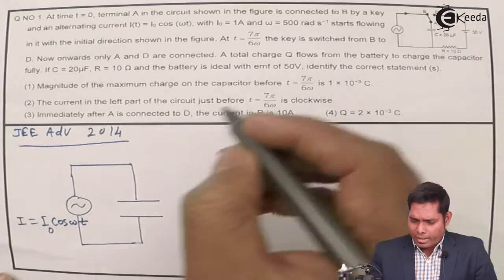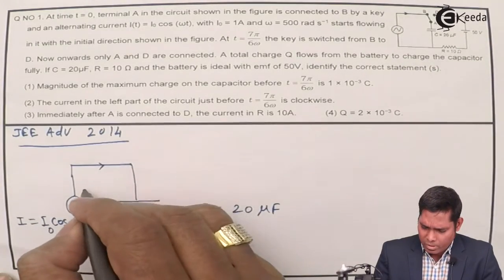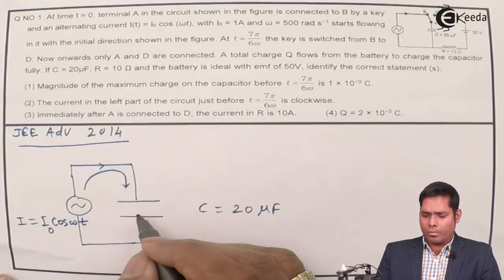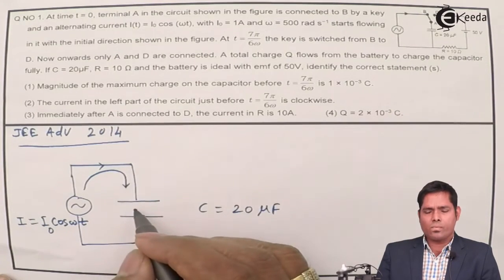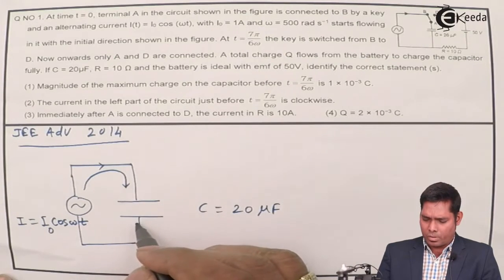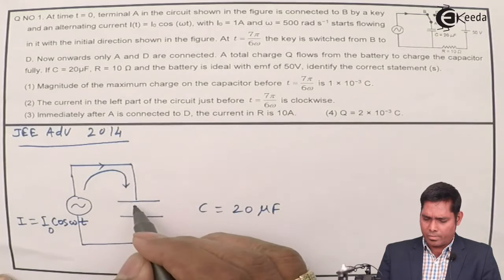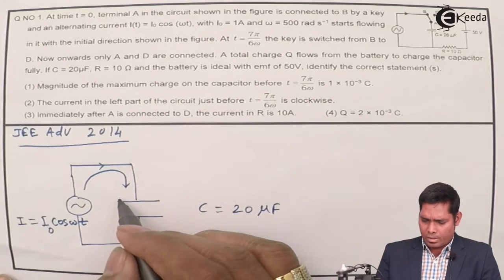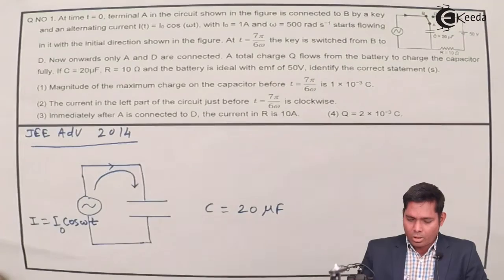So initially the current direction is given, that is clockwise. So initially the current is in this direction. If the current is in this direction, then this will be positive and this will be negative.